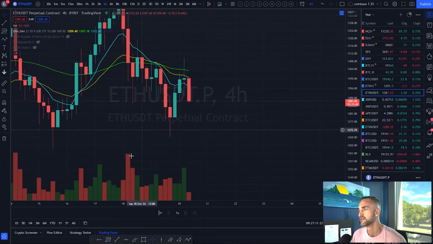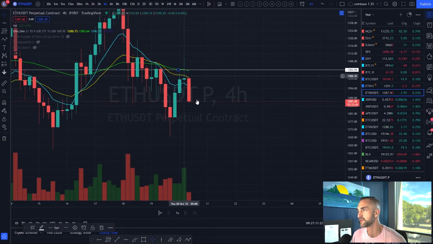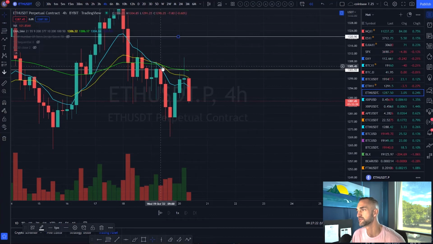Well, you would have put your entry right here, your risk management above the prior wick right there. So the wick below the cross, which could be this wick, you would have got stopped out. The greater wick probably would have been a better opportunity right there.